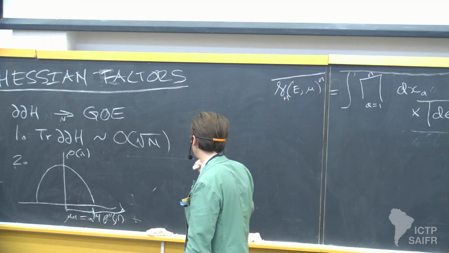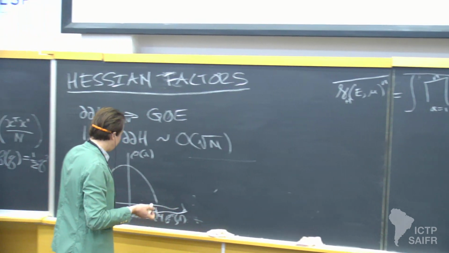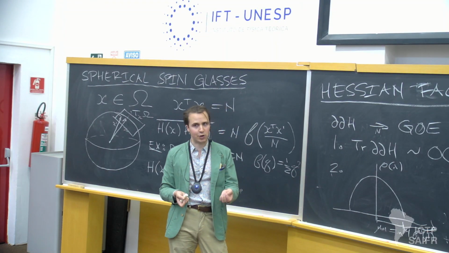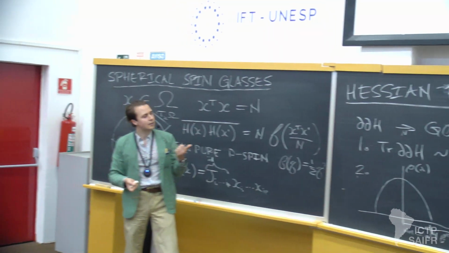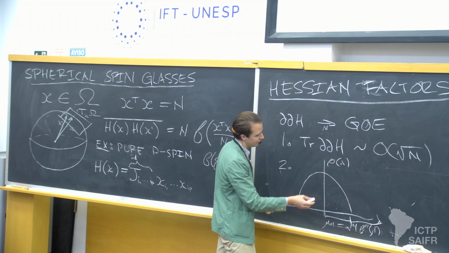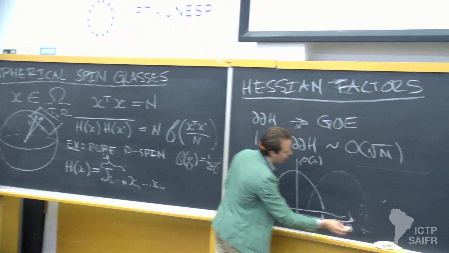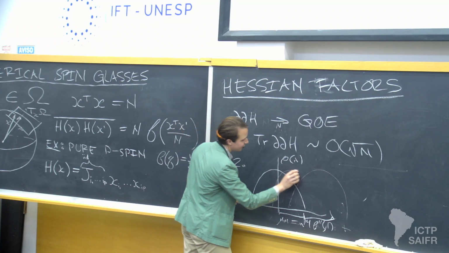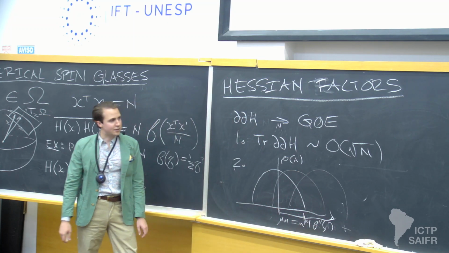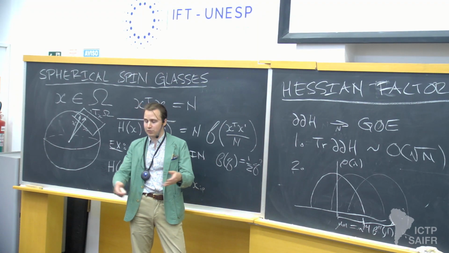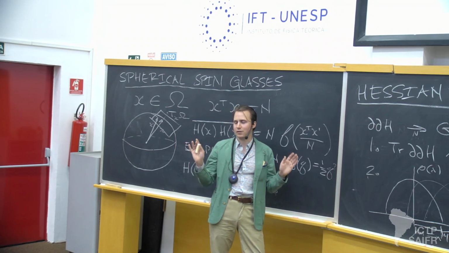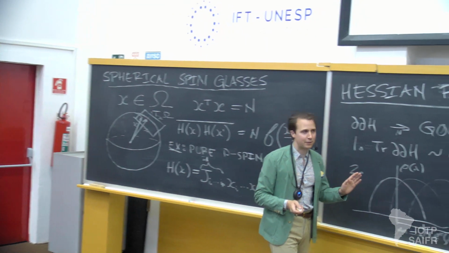That's what this identity will do. And so this, by the way, is how fixing this trace allows us to fix types of stationary points in these models, is that fixing the trace fixes the shift of the distribution for the Hessian to different values, say only over positive support or over negative support, with some proportion of eigenvalues with negative directions. And this is why mu is a useful way to talk about types of stationary points in these models. Obviously, in more generic models, you don't have this promise at all, and you have to be more clever. But in these models, it's very convenient.